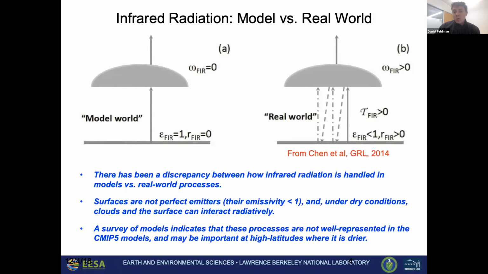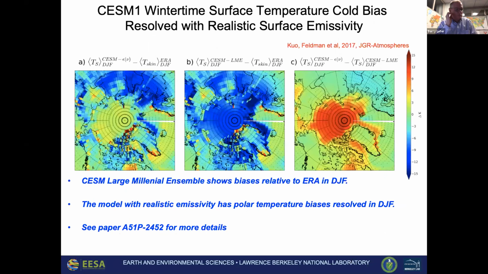Those are not generally included in climate models, and so these sorts of processes might become more important in dry high latitudes. So what we did is we modified the Community Earth System Model and put in a database of realistic surface emissivity.